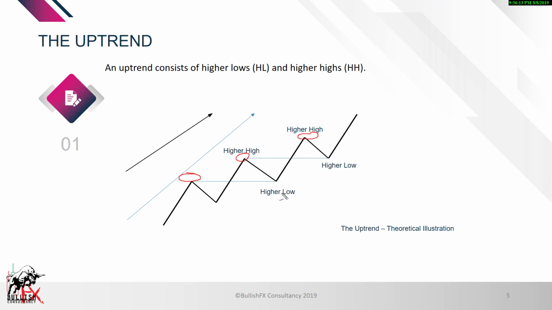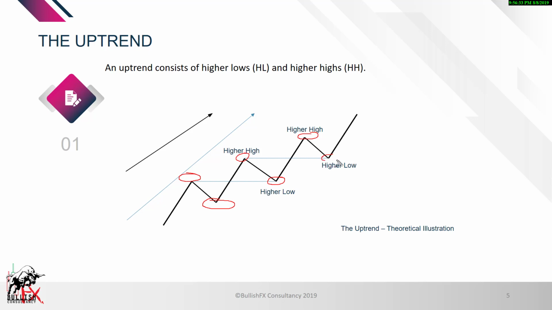You see, the market is moving to the upside, preferably, say, on a daily, weekly, or H4 time frame. Then when it retraces or corrects to the downside, it creates what we call higher lows.